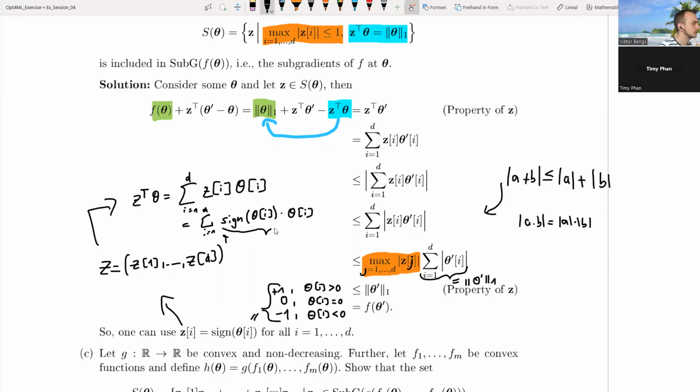This here is the absolute value of theta i.